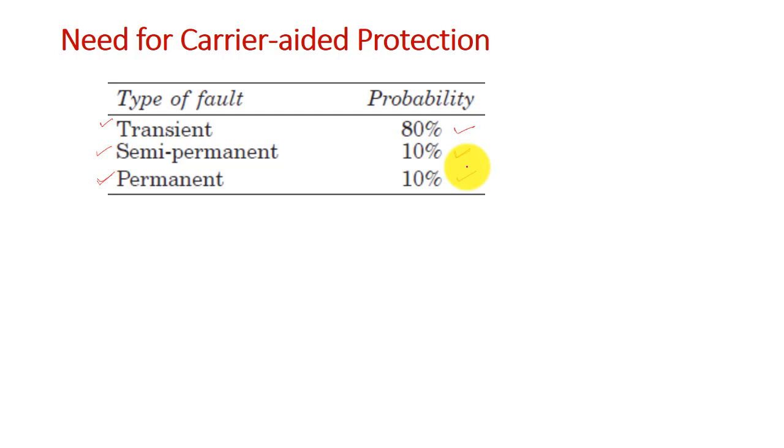So in practice, the scheme is, as soon as the fault happens, because most of the faults are transient in nature, the reclosure scheme is implemented. The circuit breaker is allowed to reclose again.